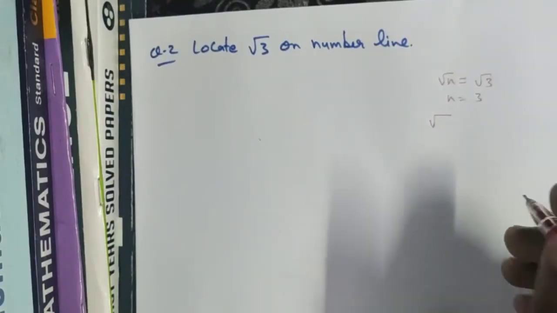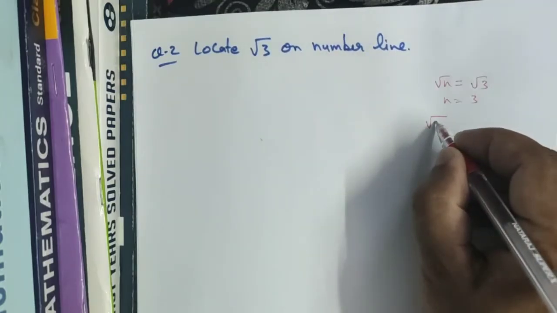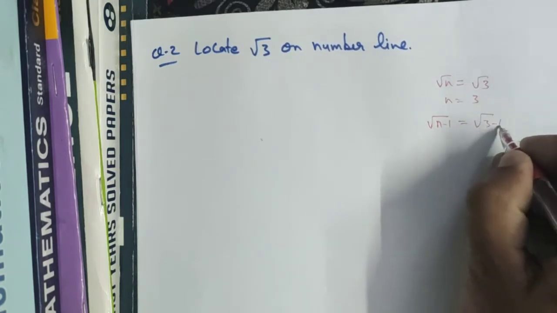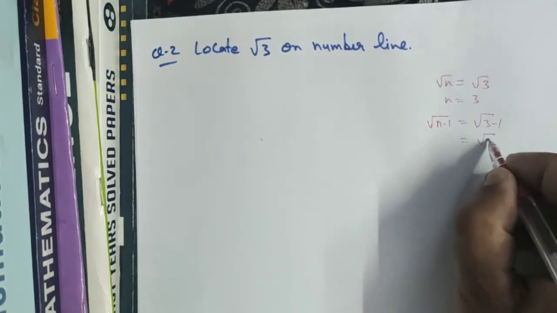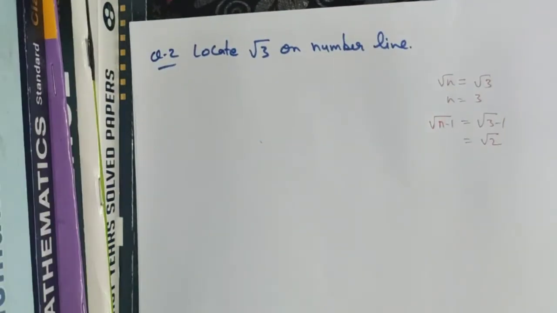So we will calculate root of n minus 1, that is root of 3 minus 1, that is root of 2. So first we have to represent root 2 on the number line, in a similar way as we have done before.